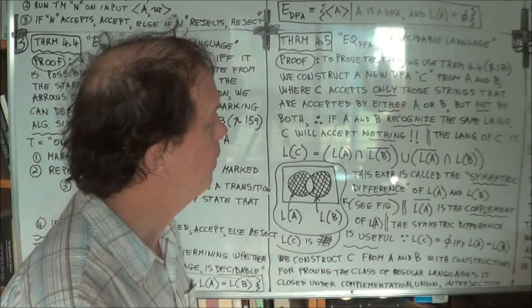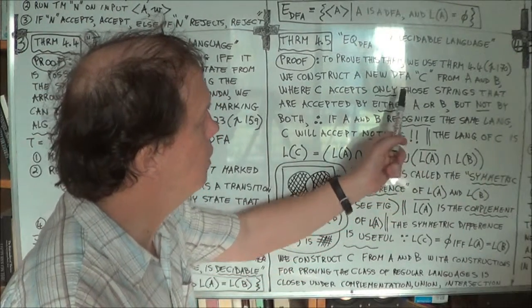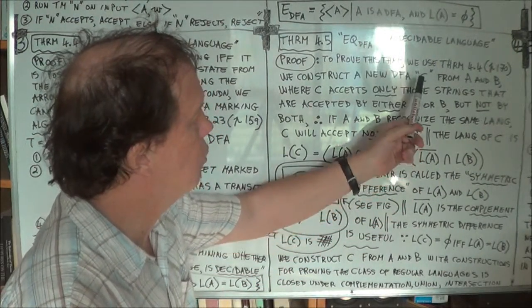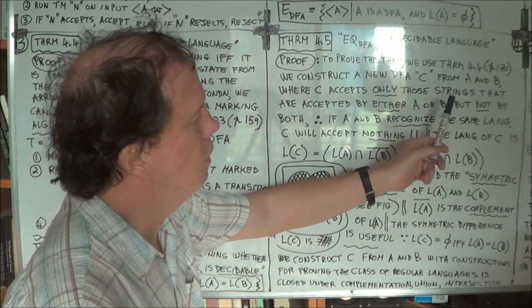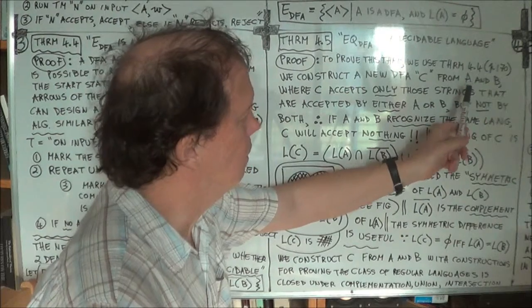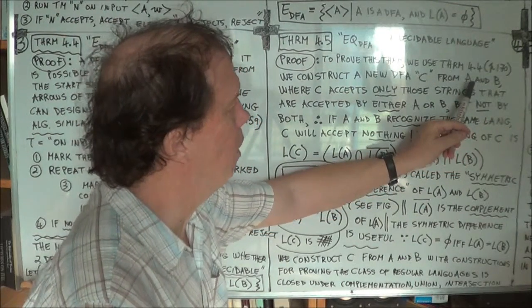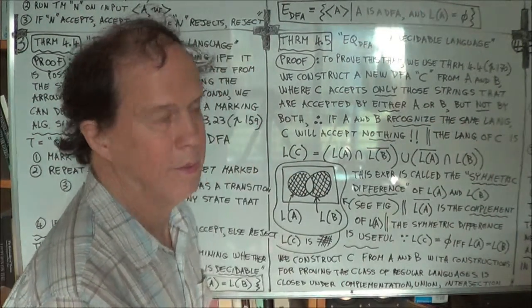Because C will not accept a string if that string is accepted by A and B. Right?